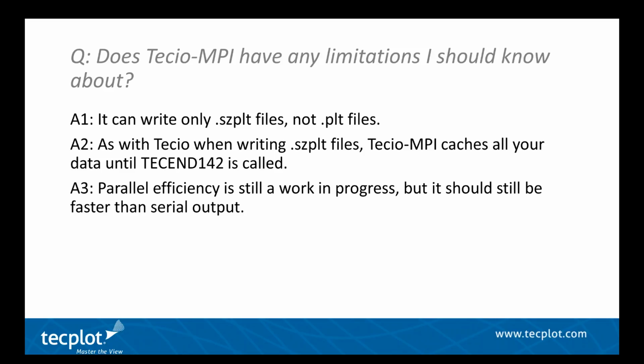We do have one customer who wrote their own parallel output using MPIIO routines, and now they're not writing .scplt files, but for whatever format they're writing, they found that they got better parallel efficiency than TecIO MPI. We have another story in our backlog to investigate that further and hopefully increase the parallel efficiency. But as I said before, we still do get a significant speed up over serial output. Okay.